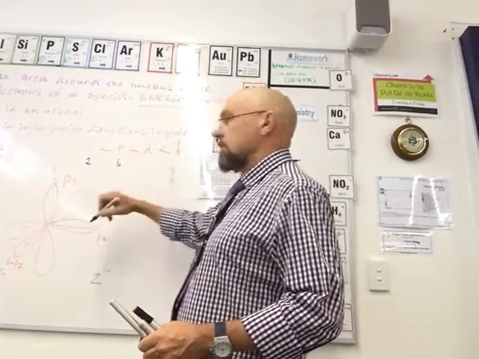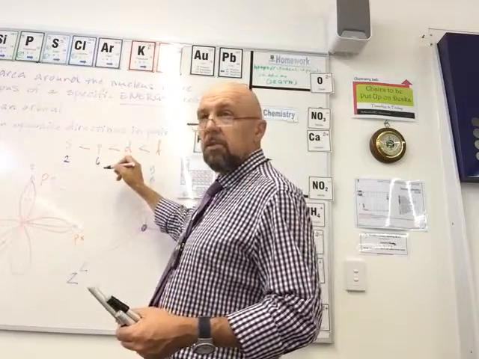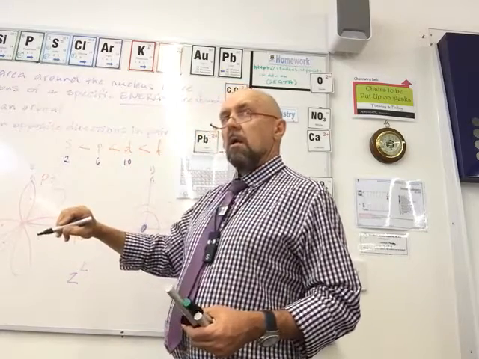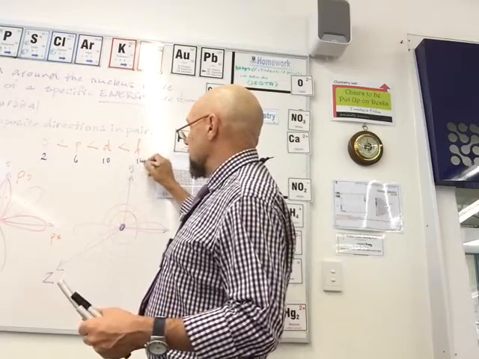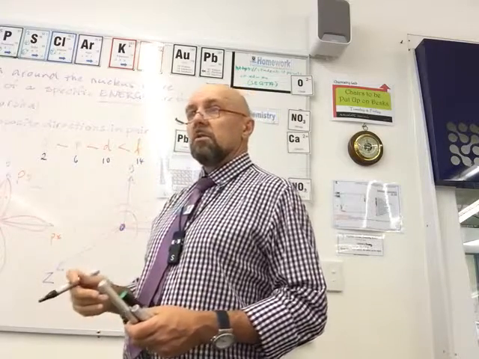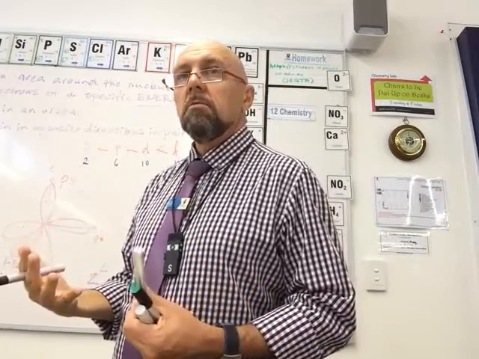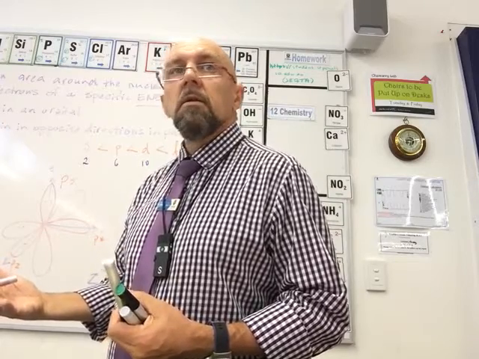There's going to be 6 here because there are 3 p orbitals in the p subshell. And the d, we can go up to 10. There's 5 d orbitals. And in the f, there are 7. We can go up to 14 electrons. So 7 orbitals, 2 electrons in each orbital. In total, up to 14 electrons. Everyone okay with that?